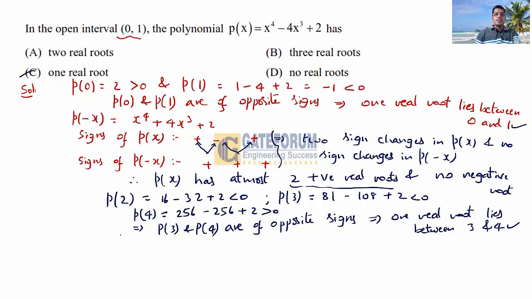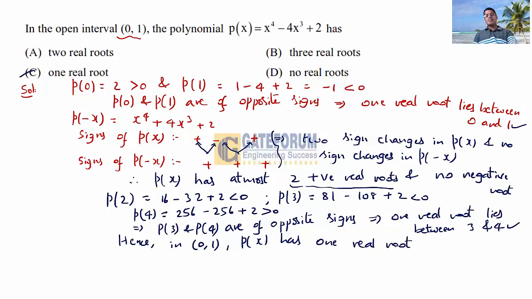Automatically C. Hence, one root is in 0, 1, but the other root lies between 3 and 4. The polynomial P of x has two real roots. So the answer is two real roots. Accordingly, the option is C. This is the end of the question.